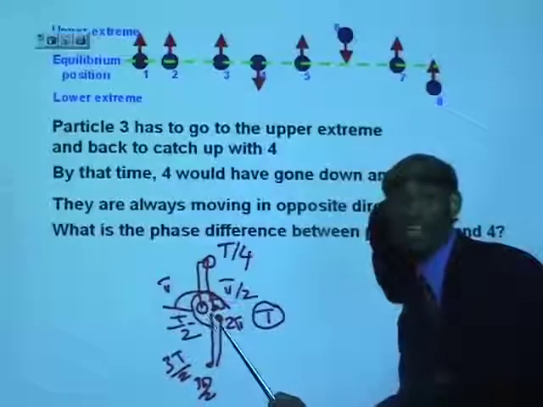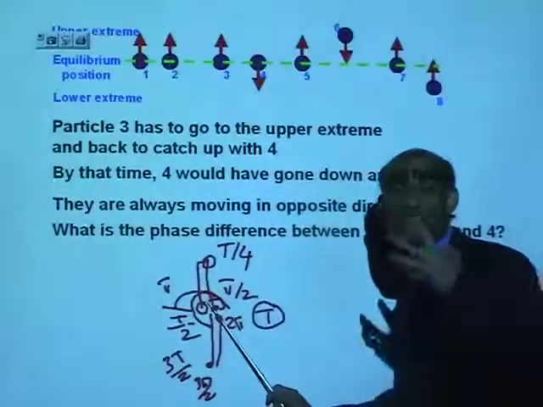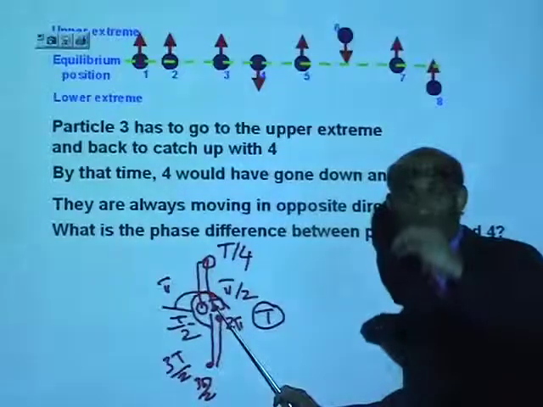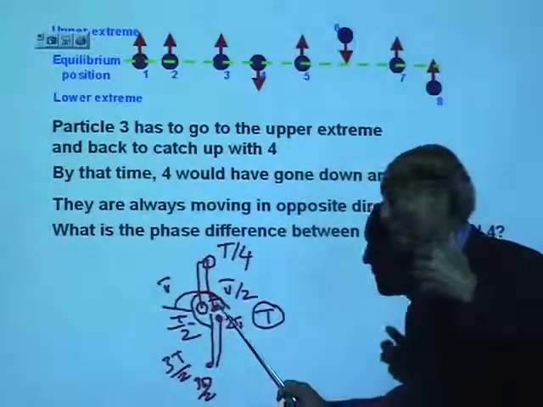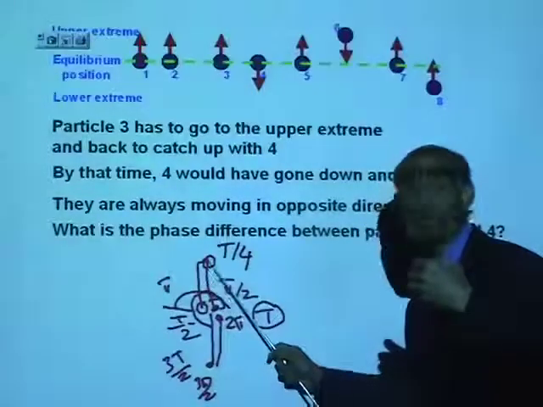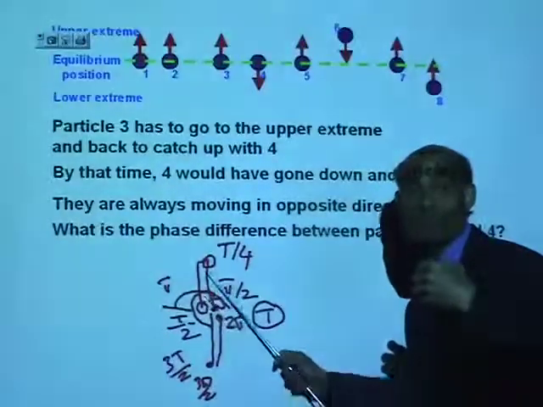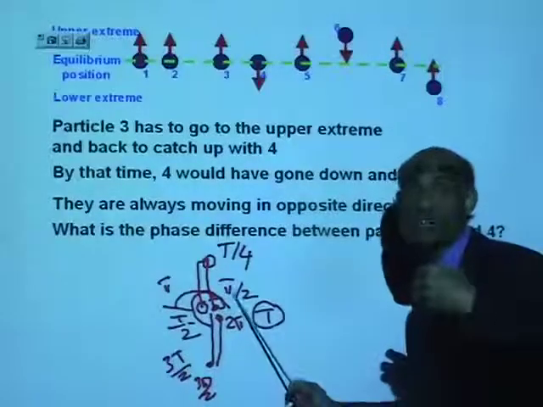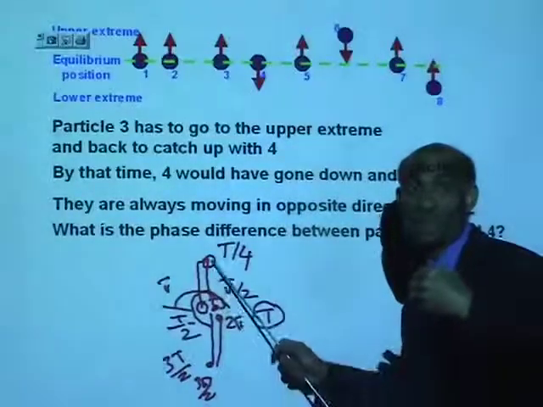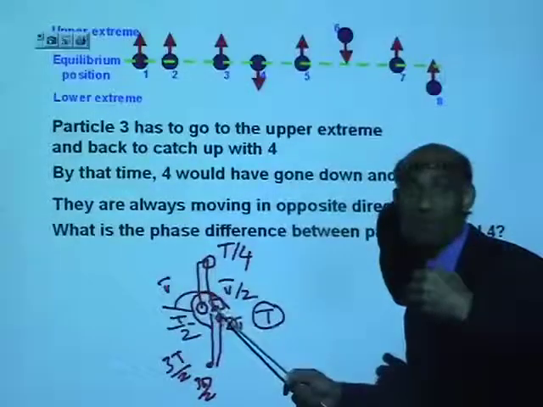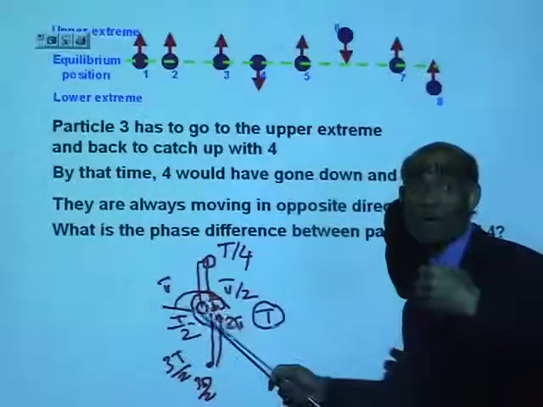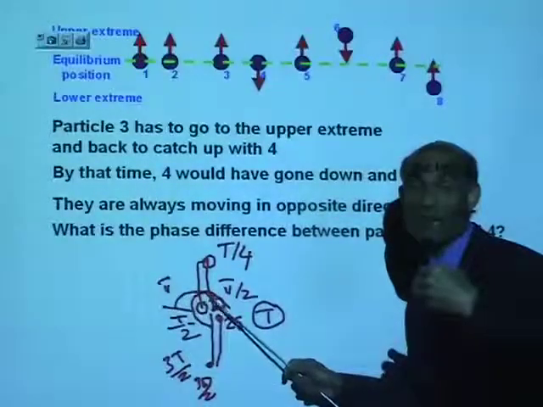If the particle is at the equilibrium, we say the angle is 0 and the period T is 0, because it hasn't started. In a quarter of a period, it reaches the upper extreme. Then the phase angle is pi by 2. In half of the period, the phase angle becomes pi. You see that?